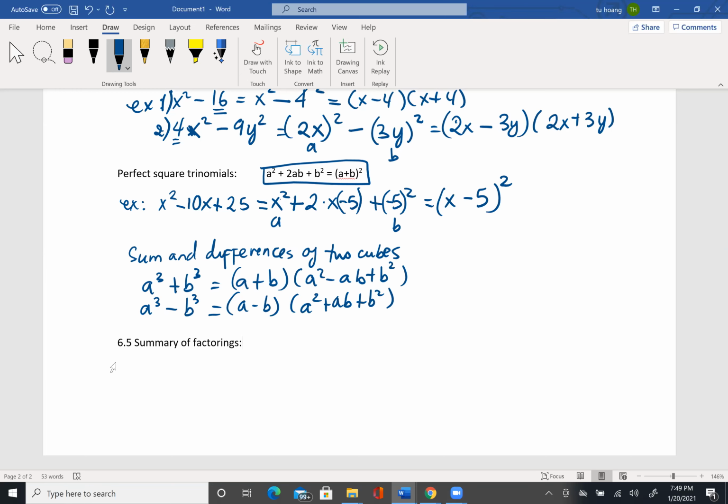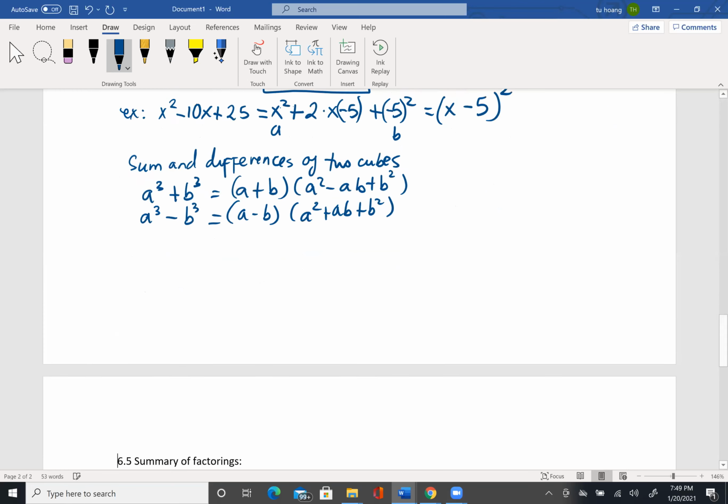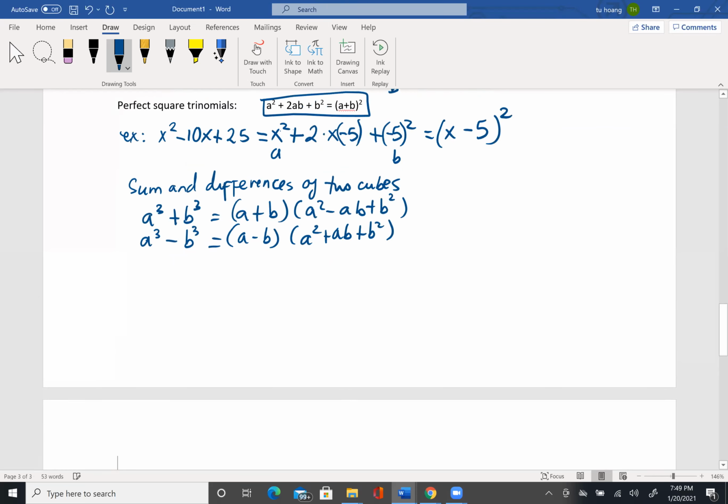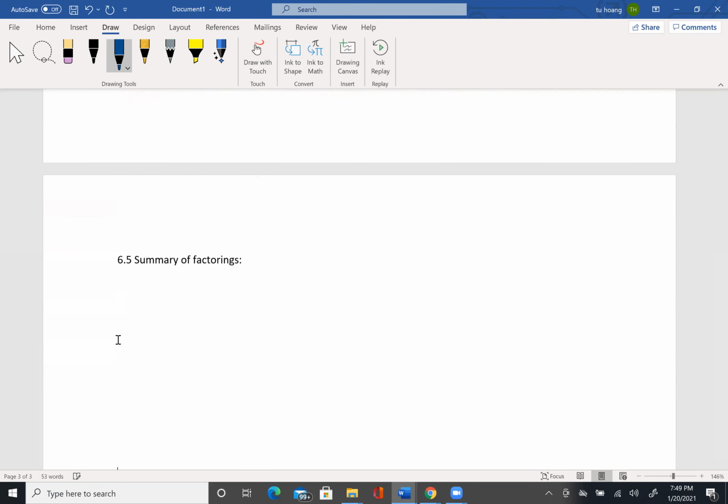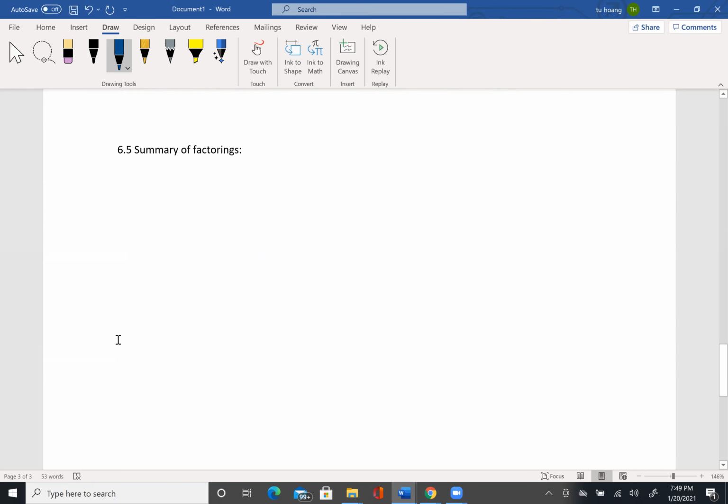For the summary of factoring, I'm going to have 3 steps, right? 3 steps.